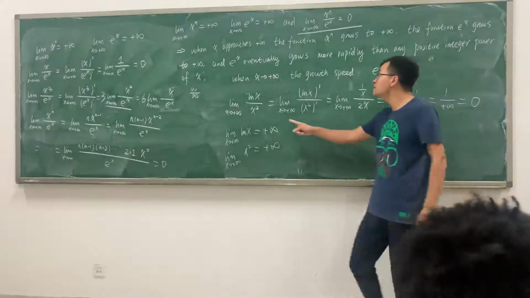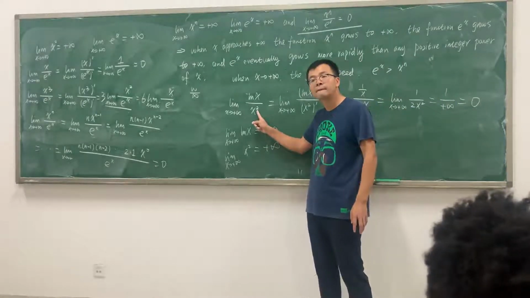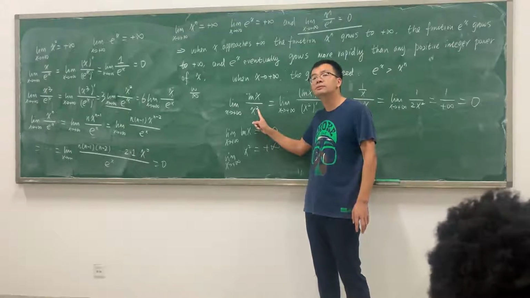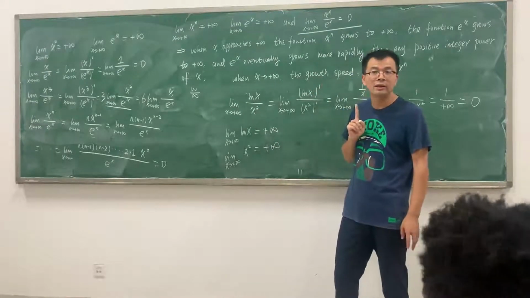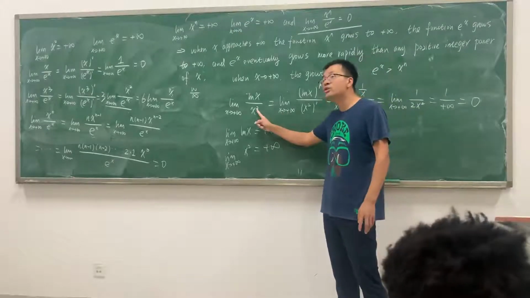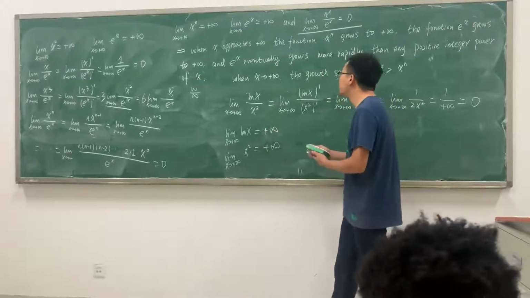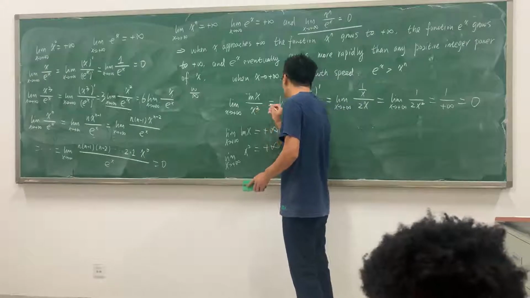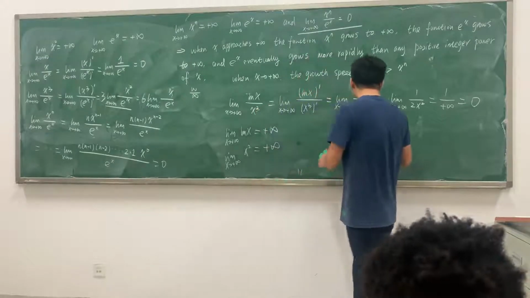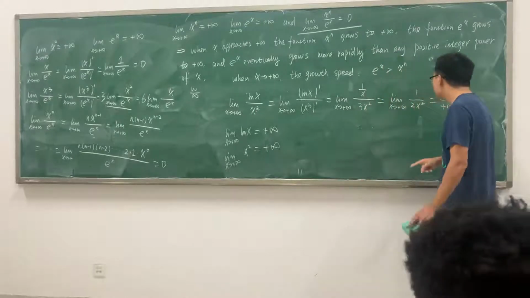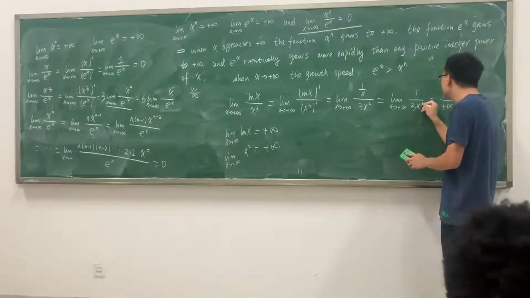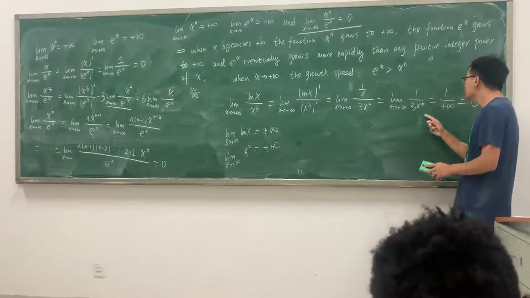Now a question: if here is x cubed, it's the same. The derivative of x cubed is 3x squared, so we get 1 over 3x cubed, which is also 0.